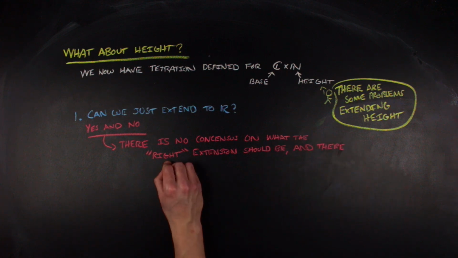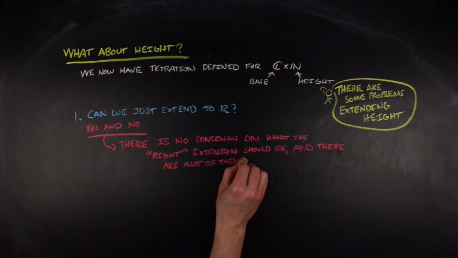So it's hard to give a full answer to what, for example, a half tetrated to a height of a half is. It doesn't really make sense to assign a value there when there is no consensus on what the right extension to use is.